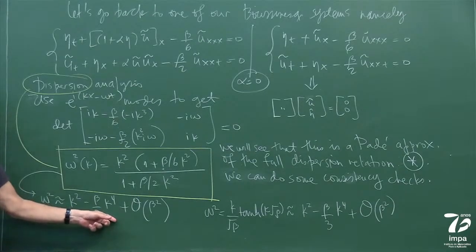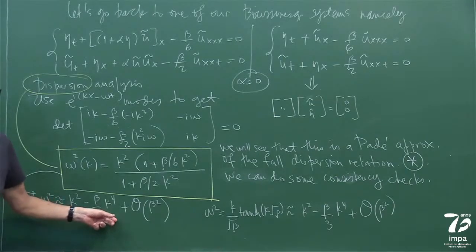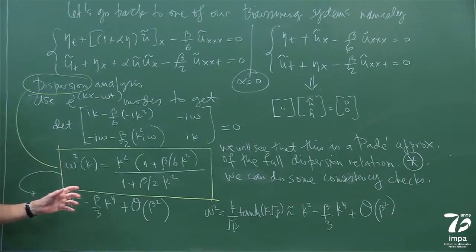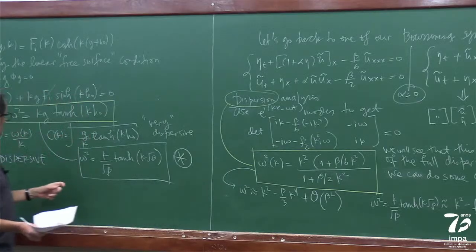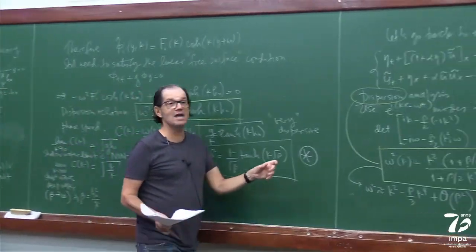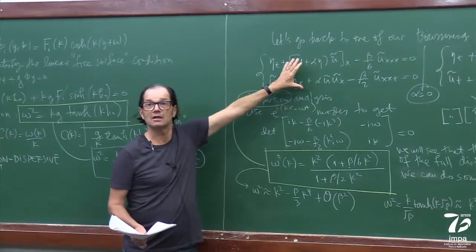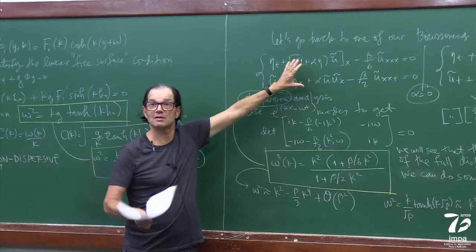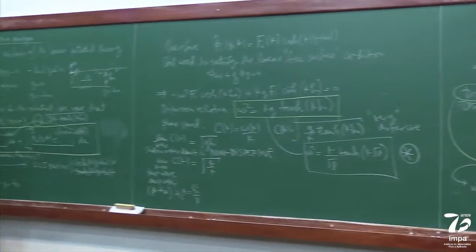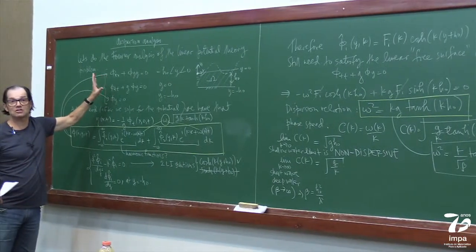Which means, in the physical applied interpretation, the phase speed should be close, which means if I divide this by k to get the phase speed, waves from this one will propagate with approximately the same speed as waves from this one, the dimensionless version, because this one is dimensional.